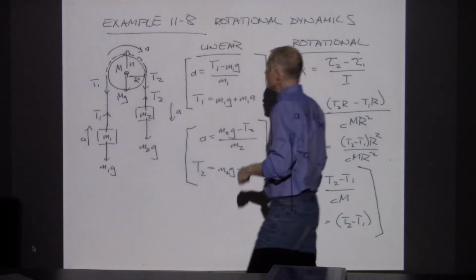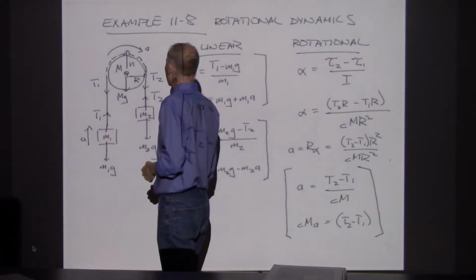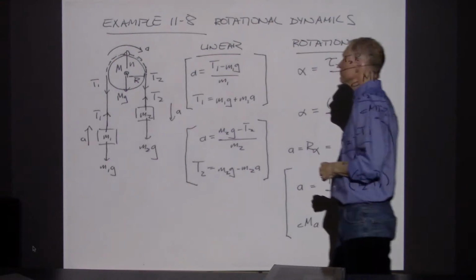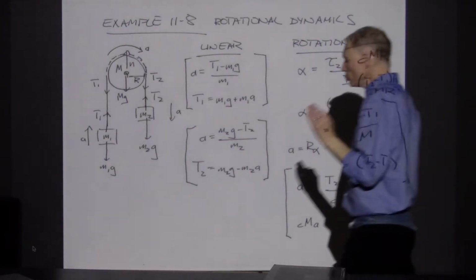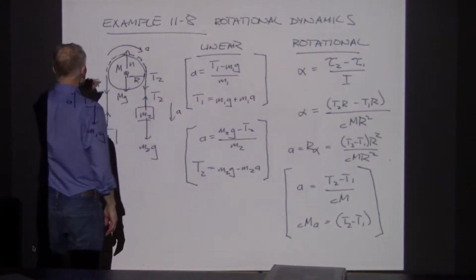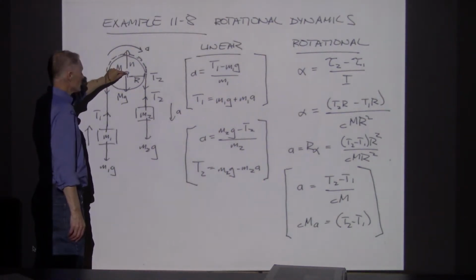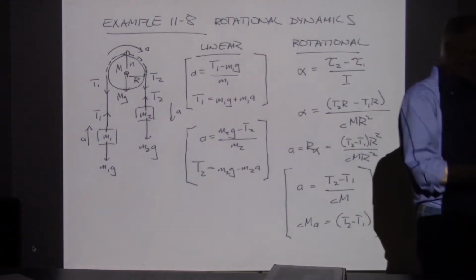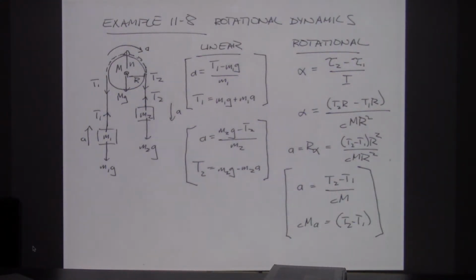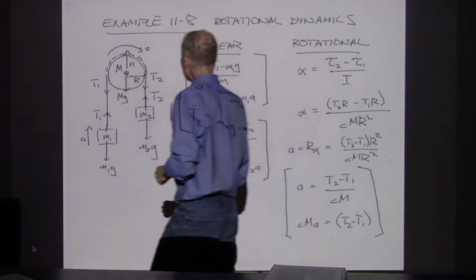Now if I take a look at this diagram, what forces are acting on the pulley? We've got a force of gravity, mg. We've got a normal force. This pulley is sitting on an axle, so it's mounted onto an axle, and it's being pushed upwards by a normal force, a contact force.